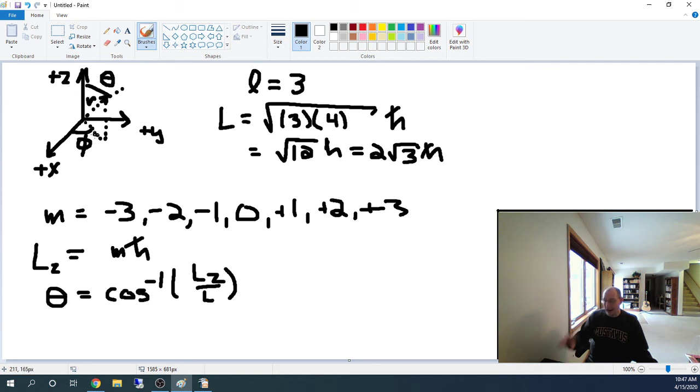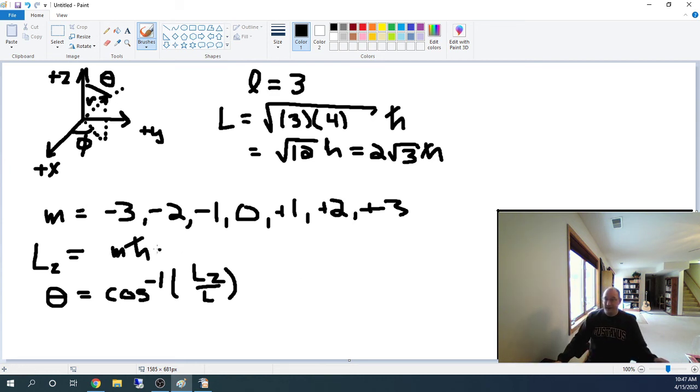It's telling you what angle theta it makes from the z-axis. The z component is this, and the overall magnitude of the angular momentum is that. So we could find out what all those angles are.